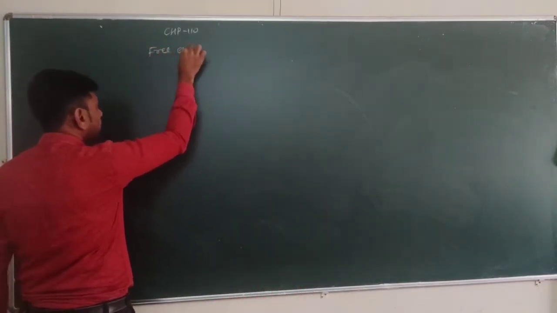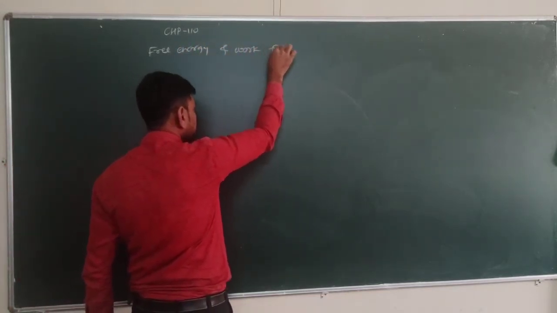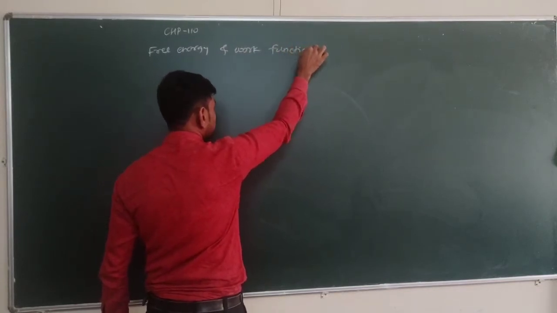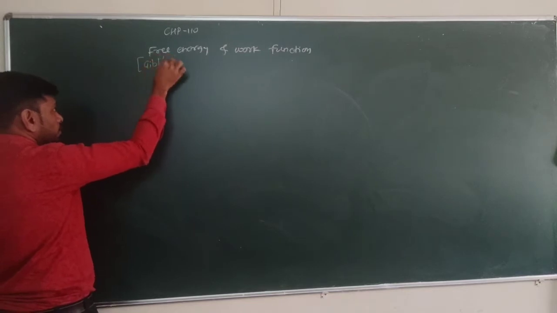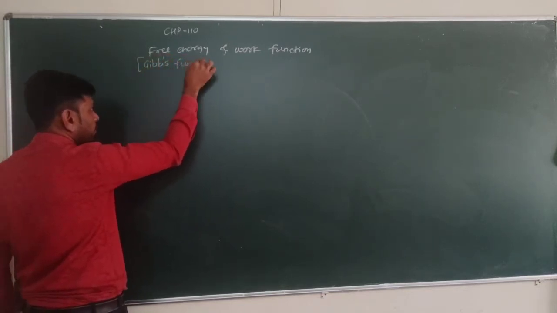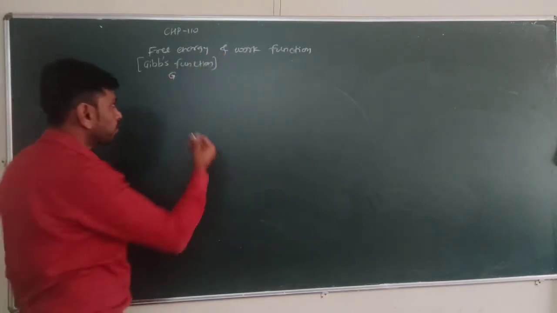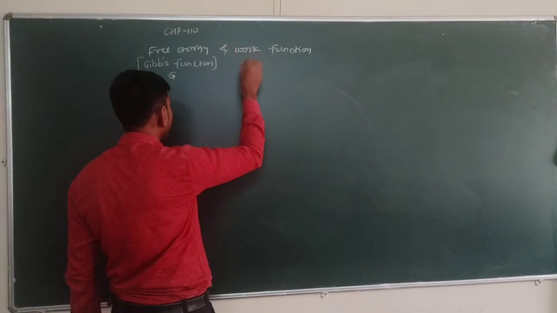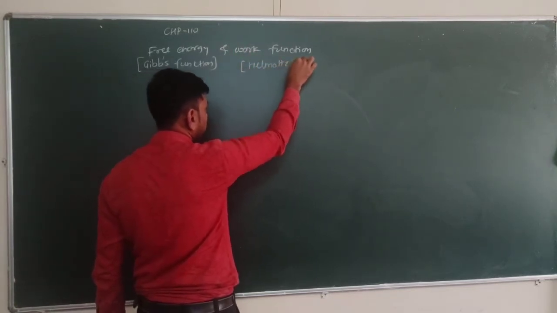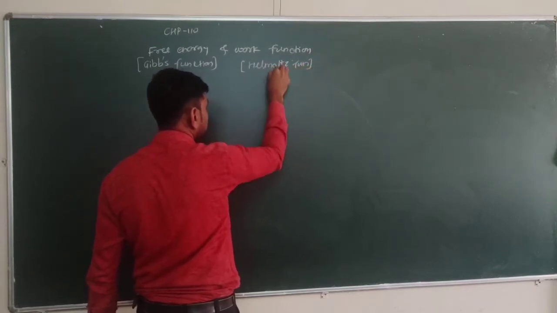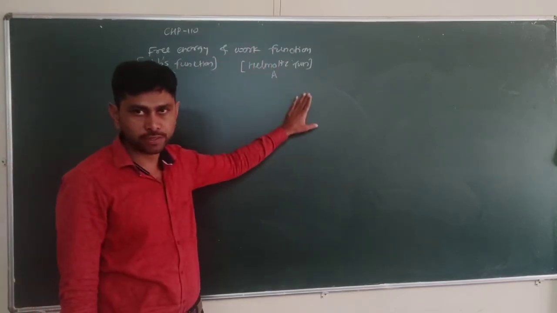Sometimes this free energy is called the Gibbs function, which is indicated by the symbol G, and the work function is sometimes called the Helmholtz function, which is indicated by the symbol A. So Gibbs function, Helmholtz function.